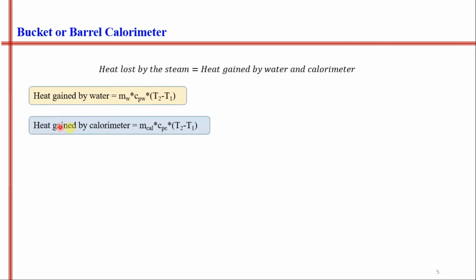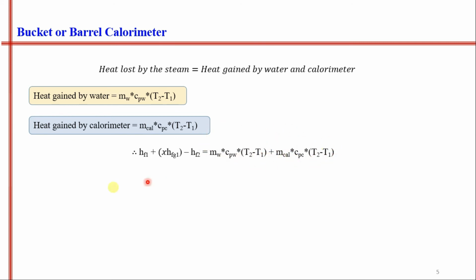And heat gained by the calorimeter is again m Cp delta T: mass of calorimeter into specific heat of calorimeter into T2 minus T1. So this completes our equation. Heat lost by steam is equal to heat gained by calorimeter and water.